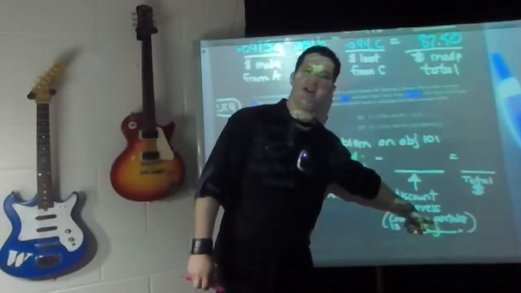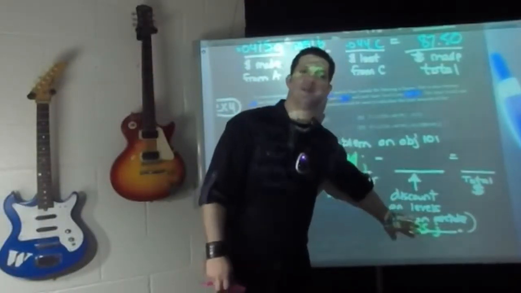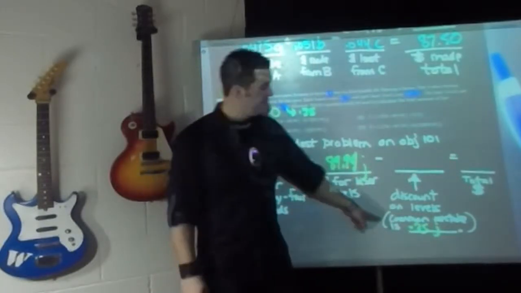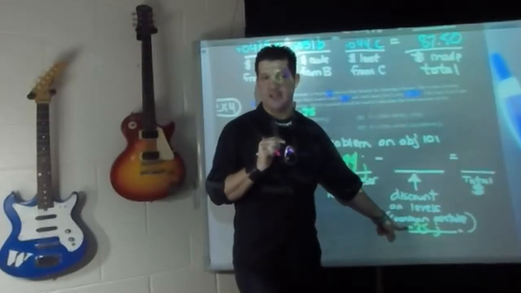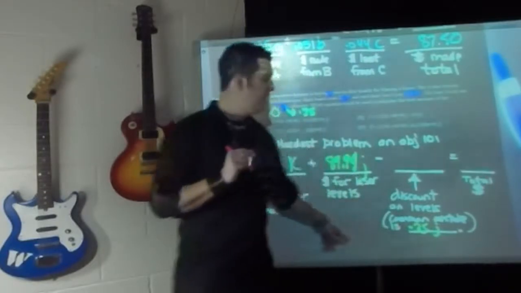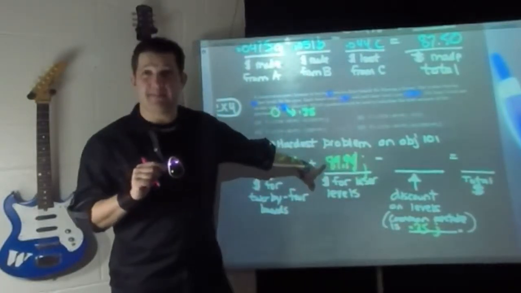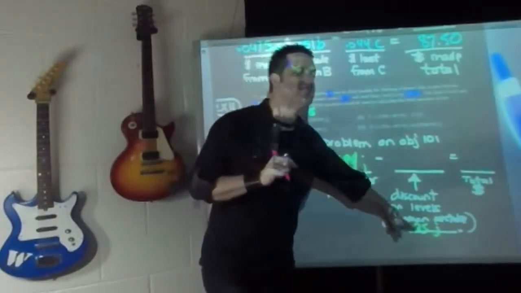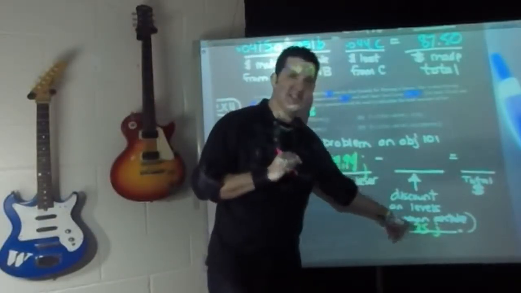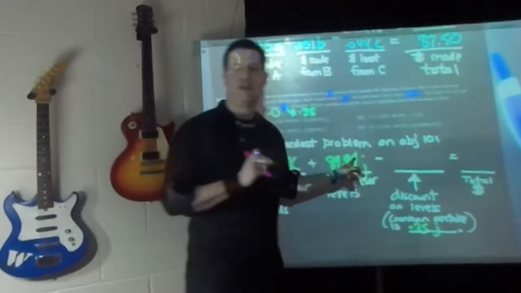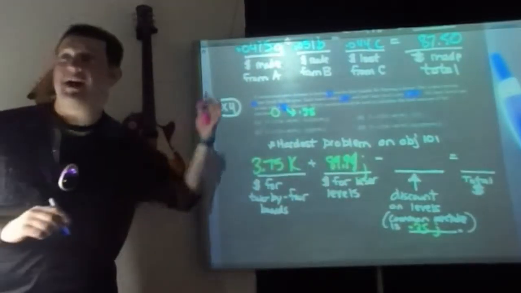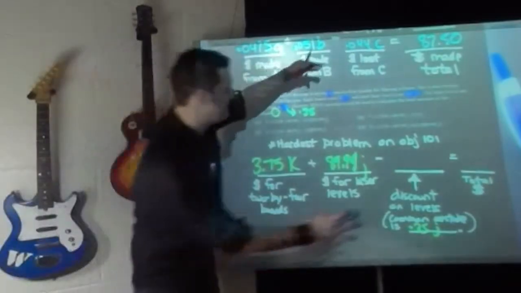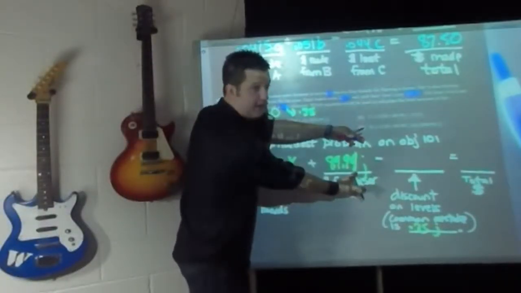It seems to make perfect sense. 35% off of J. But what does this really mean? If you did this, it would mean you just took 35 cents off of every laser level. That's not a good deal when they cost $90 to just get 35 cents off of it. It still basically costs $90. What you have to understand is the amount of money that you're spending on laser levels is located right here.